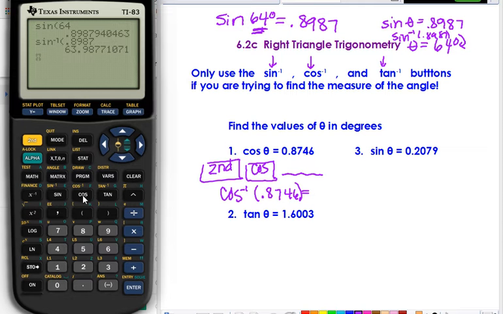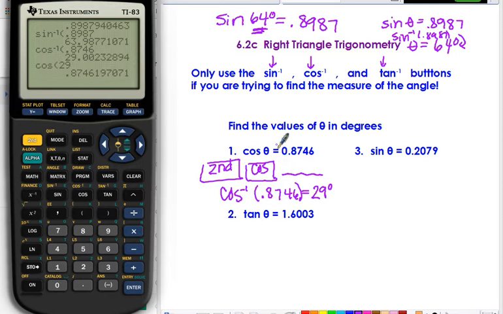Second cosine, there we have the -1, we know we're in the right spot, 0.8746, hit enter, round to the nearest whole number, so this is going to be 29 degrees. You can check it, because if I do cosine of 29 degrees, it should equal 0.8746. Sometimes it might be slightly off because of rounding, but it should be really, really close.